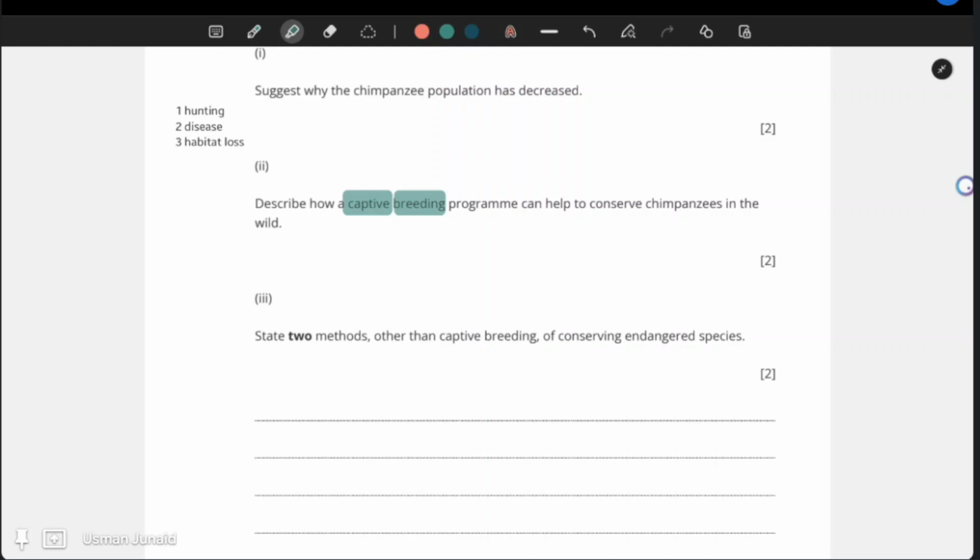So basically, what you're doing here is you've taken them into, let's say, a breeding ground or a sort of zoo situation. So how can that help conserve chimpanzee species in the wild?